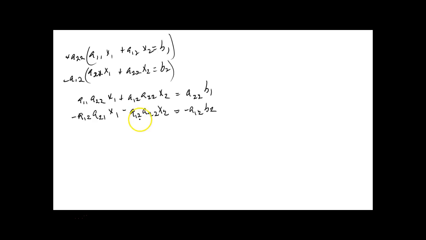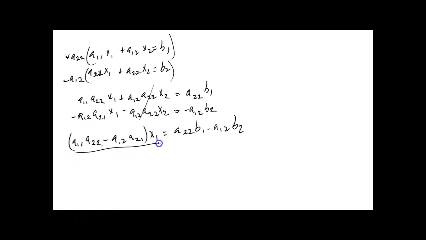The reason you did that is to eliminate the x2, as I said before. Add those two together, and you get a11 a22 minus a12 a21 times x1 is equal to a22 b1 minus a12 b2.